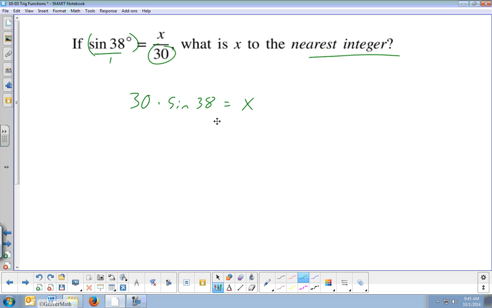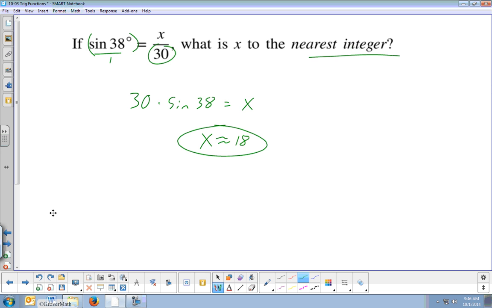So the nearest integer would be 18. So x is approximately 18, and I'm making these equal signs squiggly on purpose because that stands for approximately, because x is not equal to 18, it's approximately 18 when I round. And so that is that.